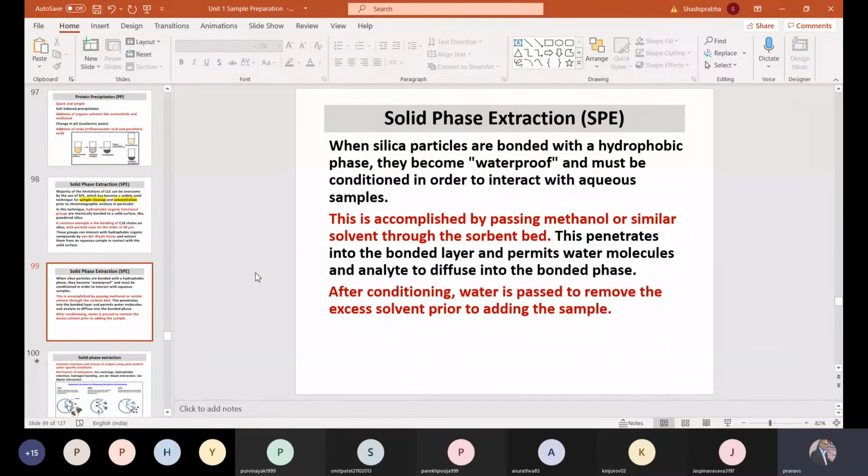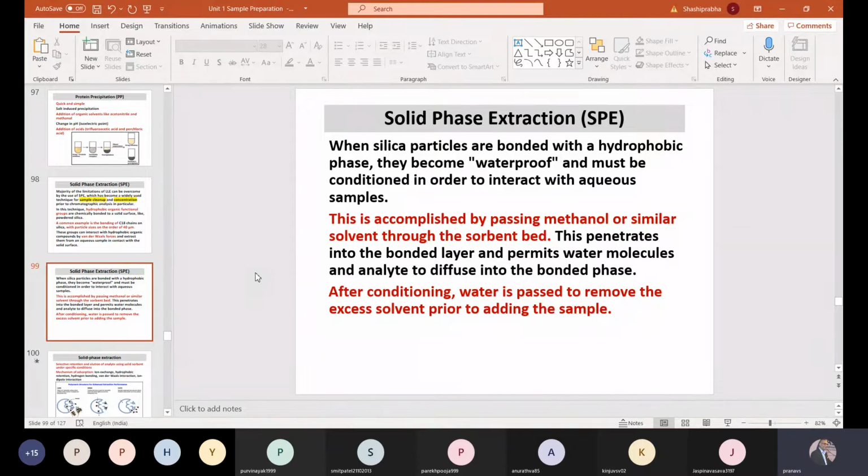But if we attach the C18 chain, then it becomes hydrophobic and at the same time waterproof. Now the question comes, if we have a real sample in an aqueous phase, it will just not mingle with that liquid phase because it has become waterproof.